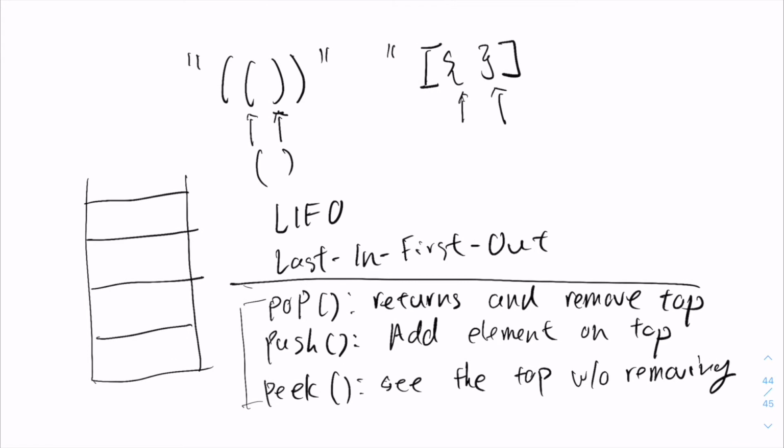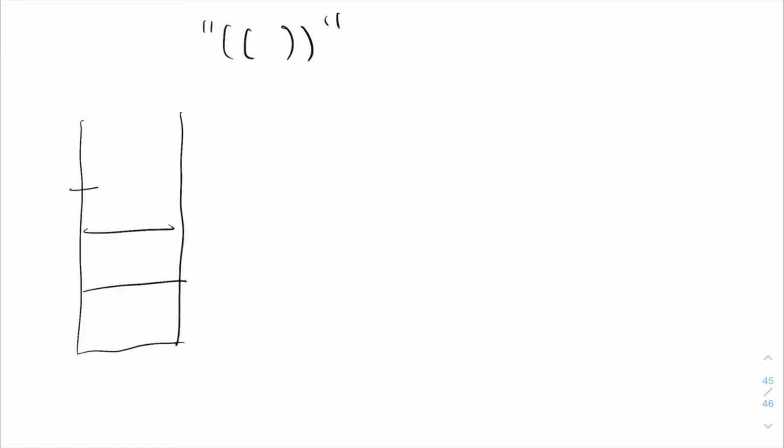So let's take a look at how a stack can solve this problem. If we have this string, which is valid, and we have a stack, what can we do? Whenever we encounter an opening type of bracket, we push that onto the stack. We go through each of the characters. We reach another opening bracket, so we push that onto the stack.